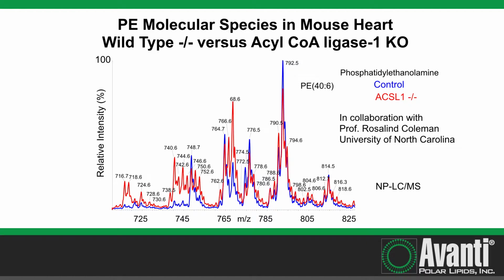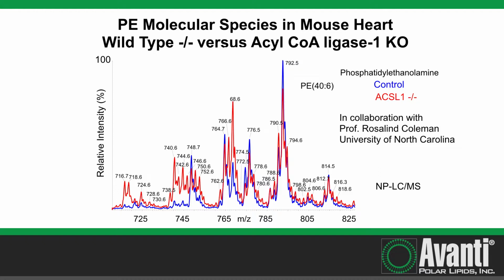So this is now the phosphatidylethanolamine species, which are present in mouse heart, and you see there are quite a few species, some major, some minor, and this once again is an experiment from a knockout animal versus a control, the red being the knockout animal, control being the blue, and you can see that there are changes in the red and blue traces in whatever these species are.